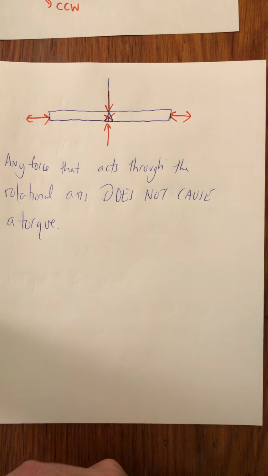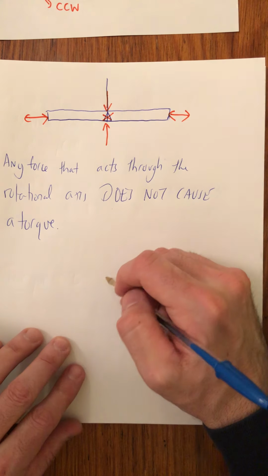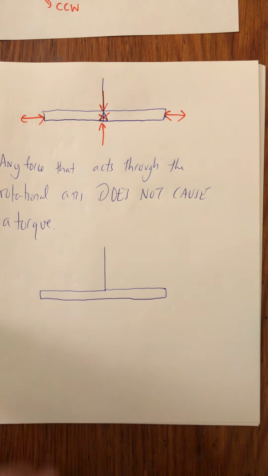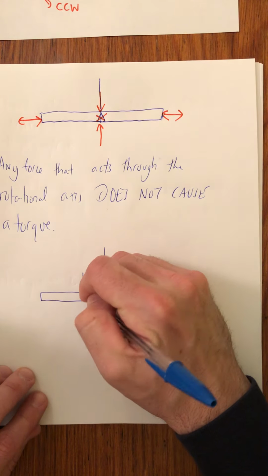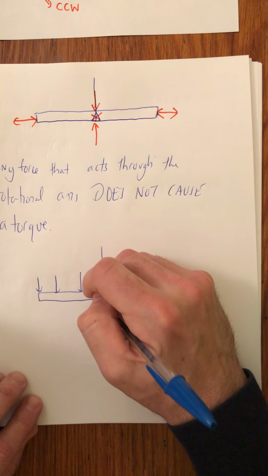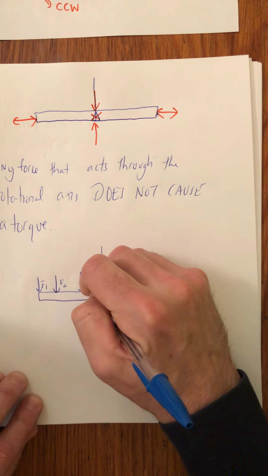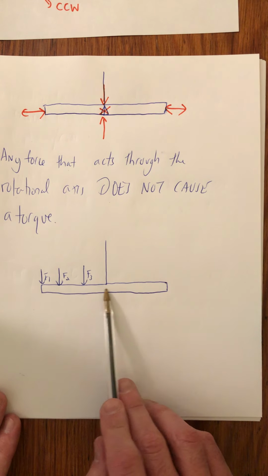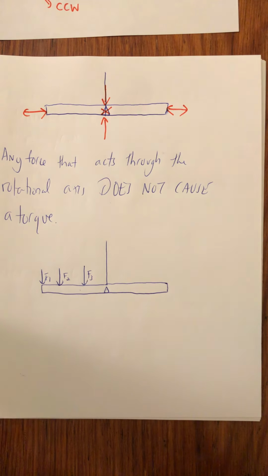Okay? Now, let's just use some common sense here from your physical experience. I know common sense is dangerous, but here we go. If I had these three forces and they were all equal, force 1, force 2, force 3, which would cause this thing, that's my stick, to rotate or change its rotational state by the most? Hopefully you said force 1, because it is further out from the rotational axis, right?